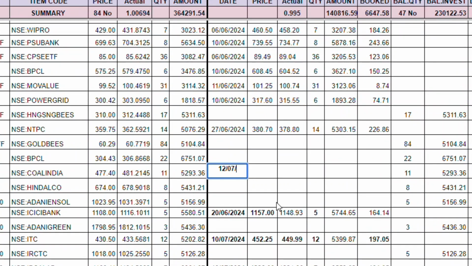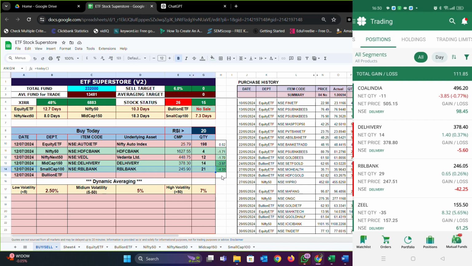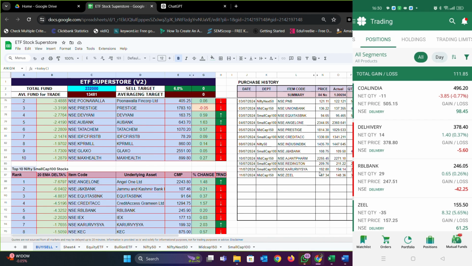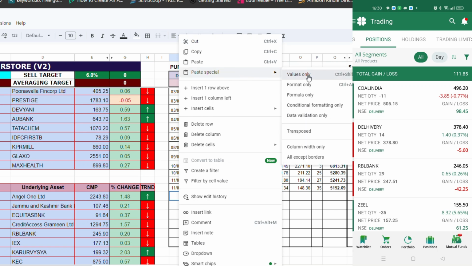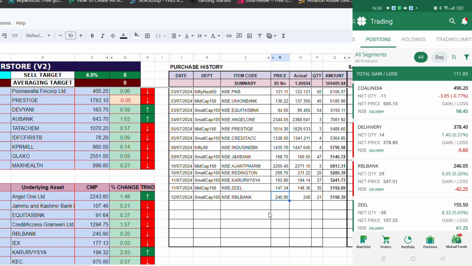Let us enter the stock details I sold first. At the end of the day, I purchased 2 stocks and sold 2, including Z Entertainment Limited. Let us enter the data as per the trading screenshot.